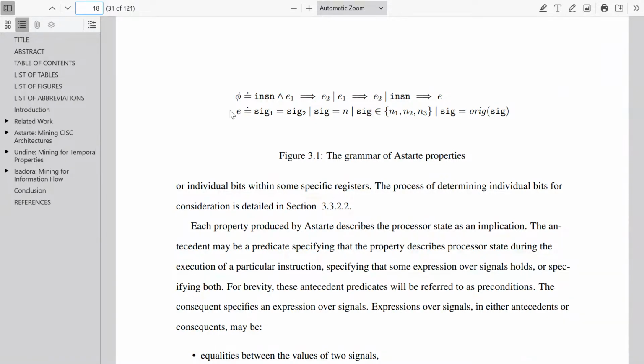You can't have E or theta left in an assembly program. Those aren't assembly commands. So we have to keep substituting them until we get an actual program. But you can have an instruction applied to an expression, or an or over expression. So this is the grammar of properties I generated.